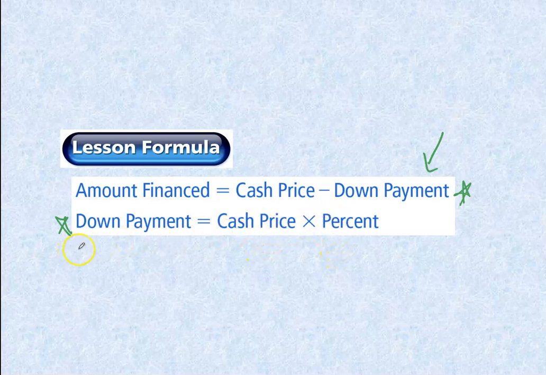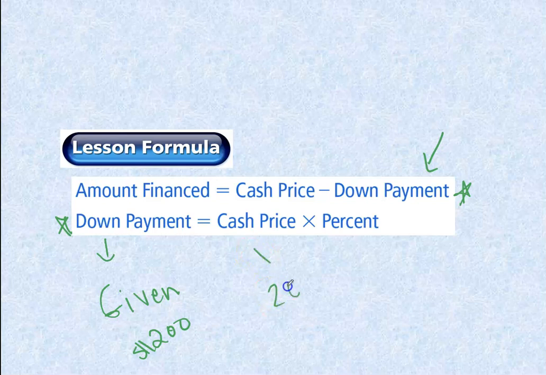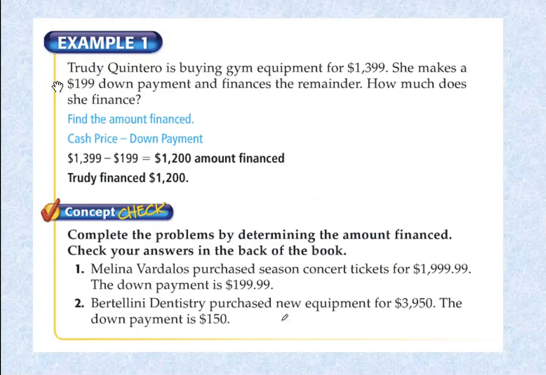Most of the time the down payment will either be given to you, let's say it'll say $200, or it'll say 20%, which means you're going to have to multiply the cash price times the percent to get the down payment, and then do this next step. So you might need to write yourself some notes in your Chapter 8 notes.